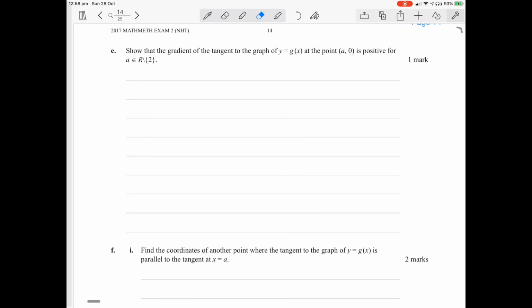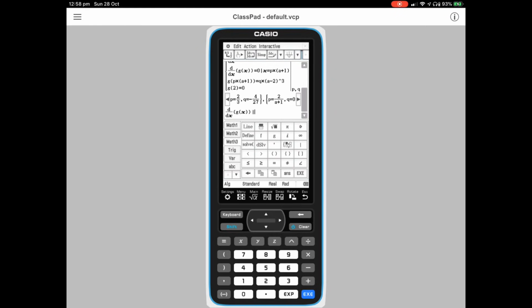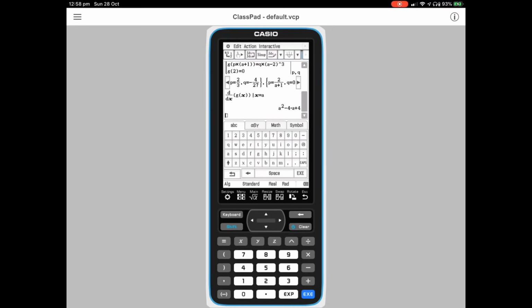Show that the gradient of the tangent of the graph of g at the point x equals a is positive for a being all real numbers except 2. So g dash of a is equal to dg/dx given x equals a.